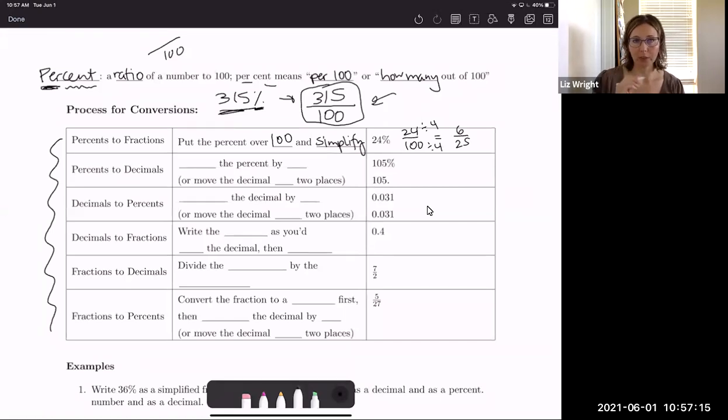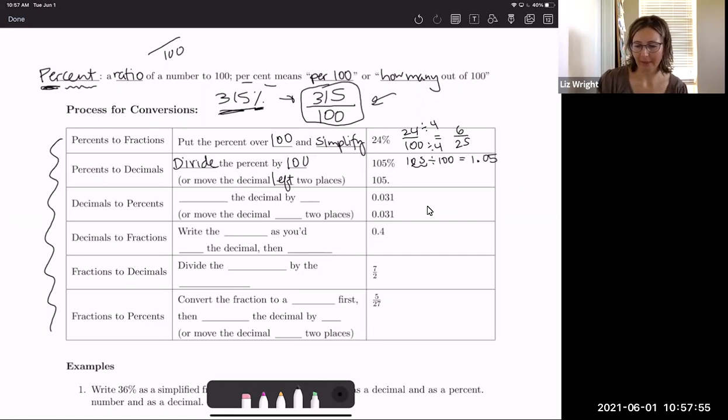If we are going from percents to decimals, we are going to divide the percent by 100, or move the decimal 2 places to the left. So that's exactly what we're going to do here. 105%, if we divide it by 100, that's essentially taking this decimal and moving it 2 places to the left, and that's going to give us 1.05.